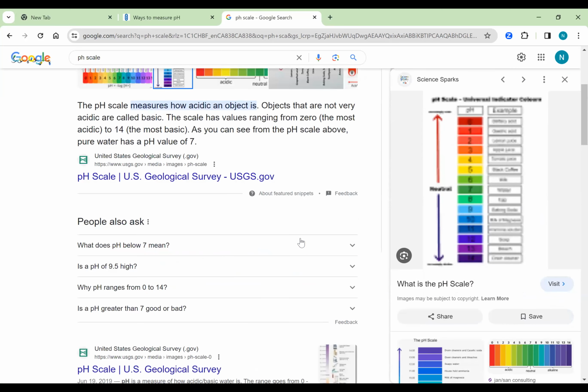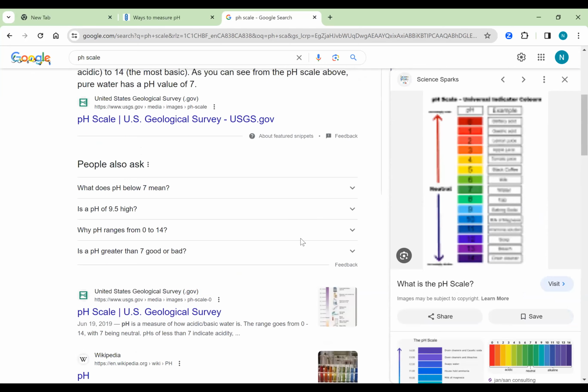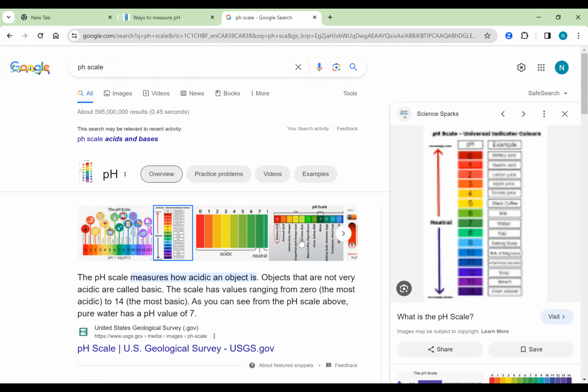And we also have methyl orange and phenolphthalein. We just put some drops, and if the color changes, this means we have acid or base. For example, phenolphthalein is a colorless solution. When I put some drops in acid, it will stay colorless.